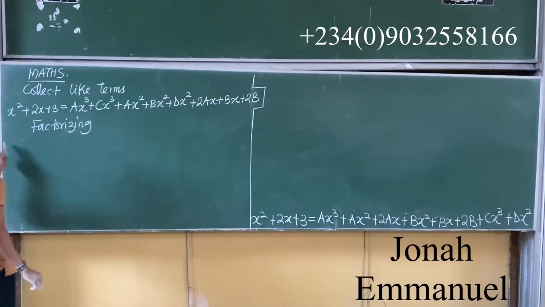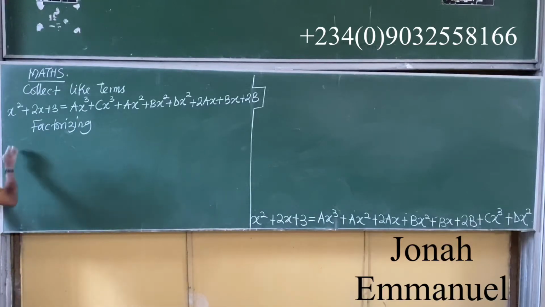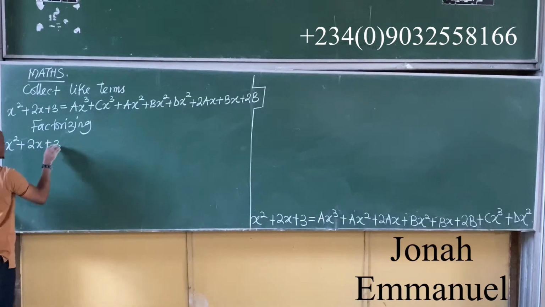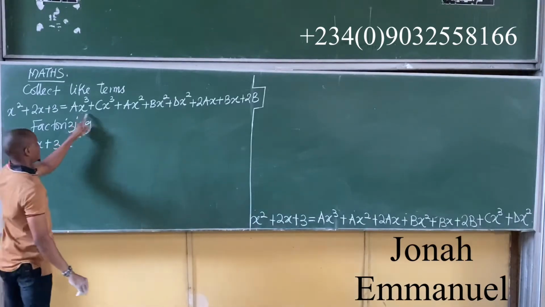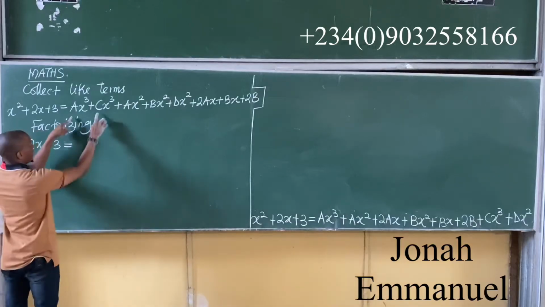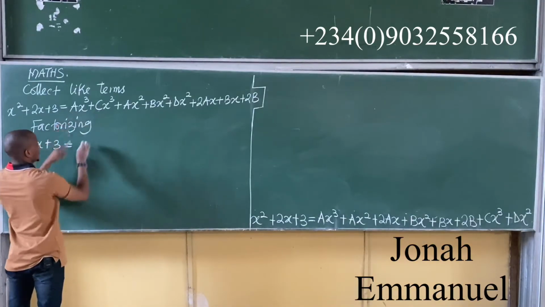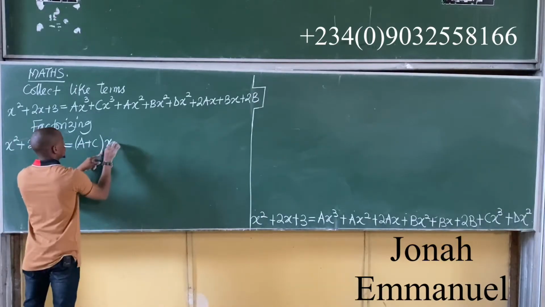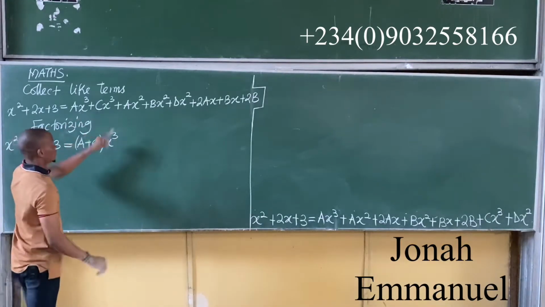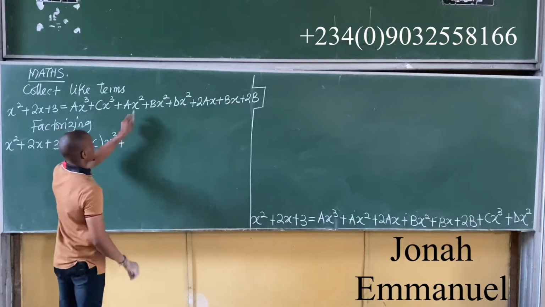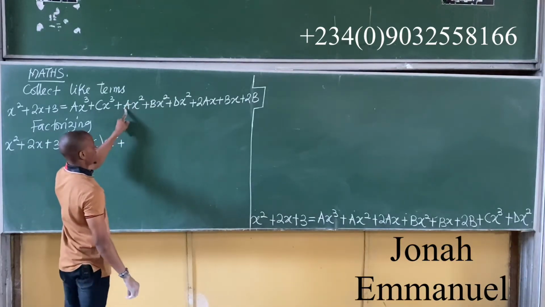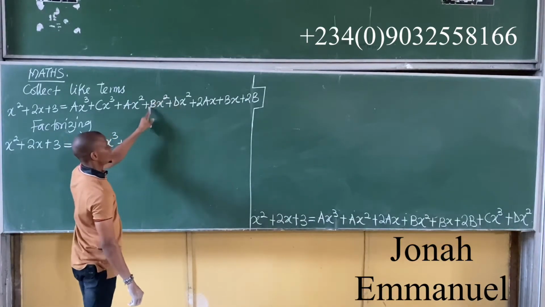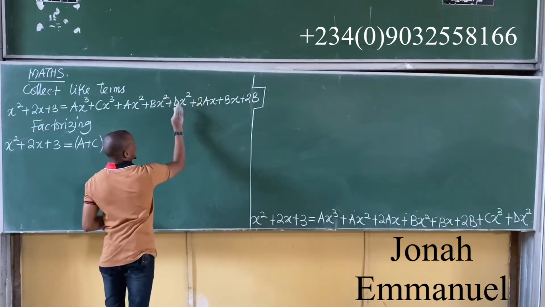Now let's factorize. Factorizing, what do I get here? x squared plus 2x plus 3 is equal to, get out x cubed, and what is left there? a plus c. We have a plus c all into x cubed. For x squared, take out x squared: here you have a, here you have b, here you have d.